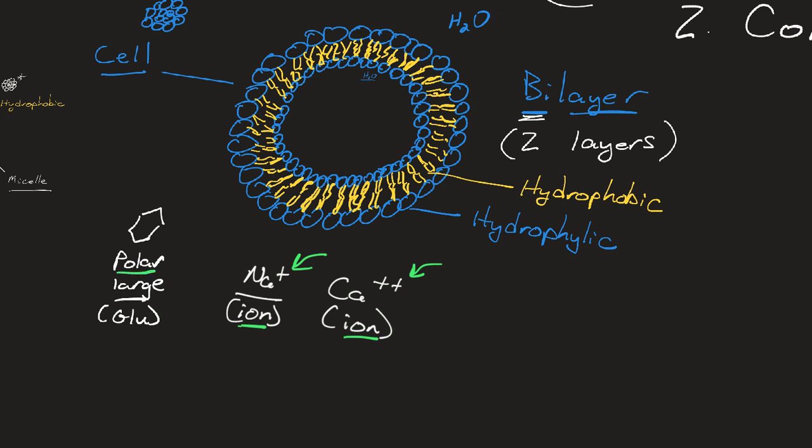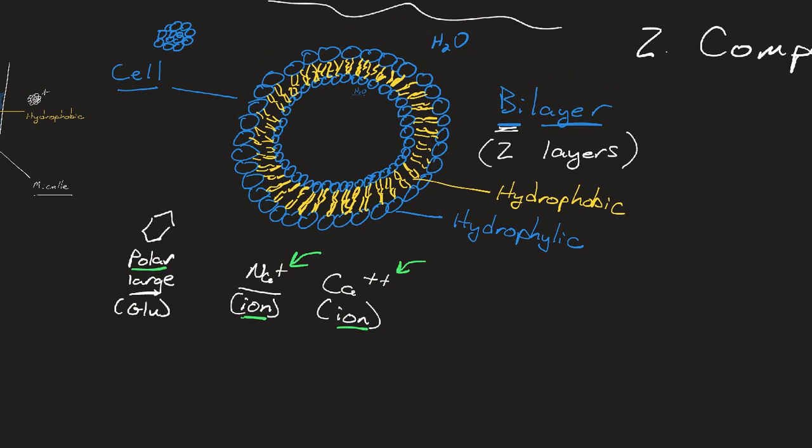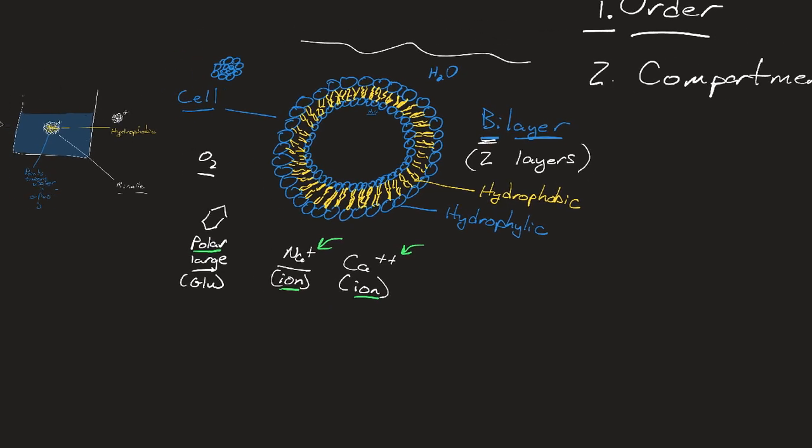Polar just means it's pulling partially. So these guys love water. They're ionic, they have a charge, or they're polar, they love water. There's other stuff in here. You might have oxygen gas. Oxygen gas is small, so there's 2 rules for dissolving.